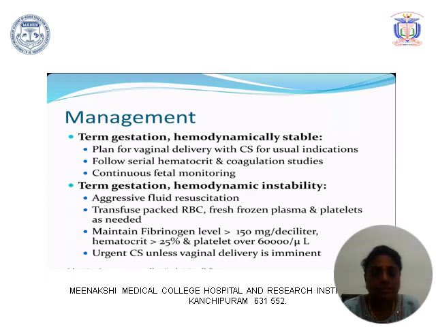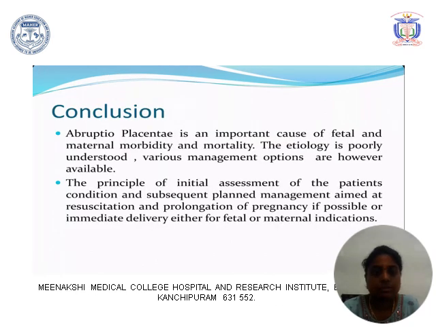But if the patient is hemodynamically unstable, start aggressive fluid resuscitation and transfuse packed RBC, fresh frozen plasma and platelets as needed. Maintain fibrinogen level above 150 mg per deciliter, hematocrit above 25%, and platelets above 60,000 per microliter. Urgent cesarean section is needed unless vaginal delivery is imminent.